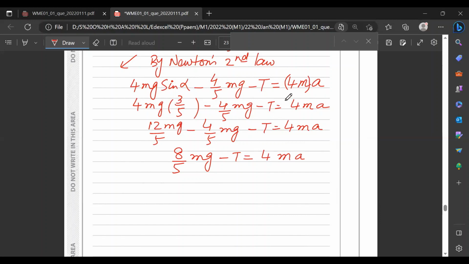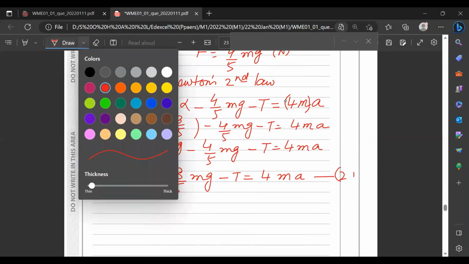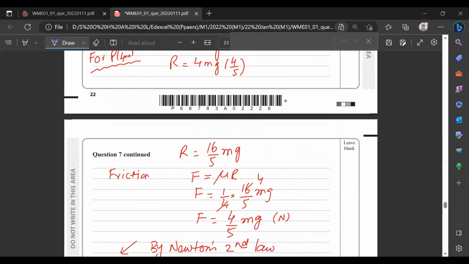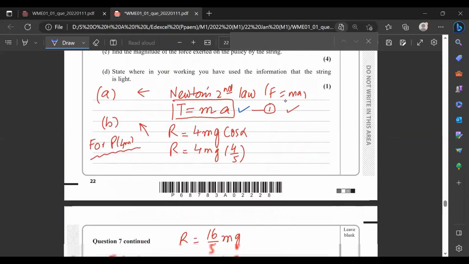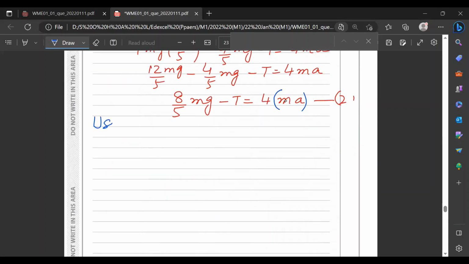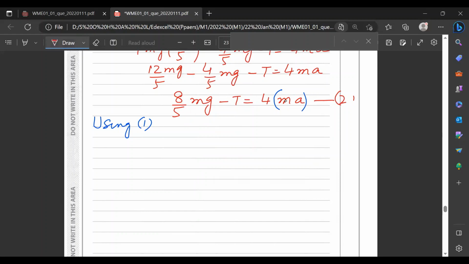So what can I do after this? We have ma, and ma is equal to T. So either you can use T equals ma, or ma can be replaced by T. So using that, I can write 8 over 5 mg minus T is equal to 4T.